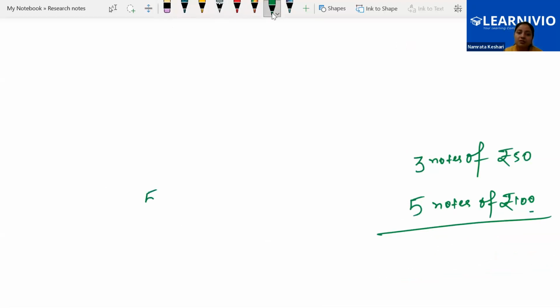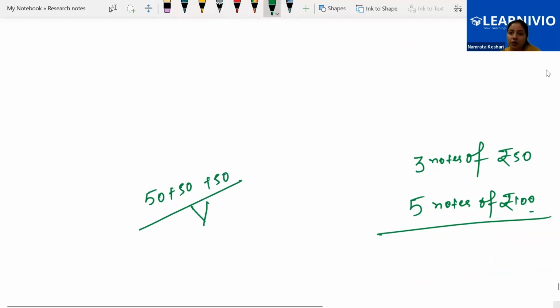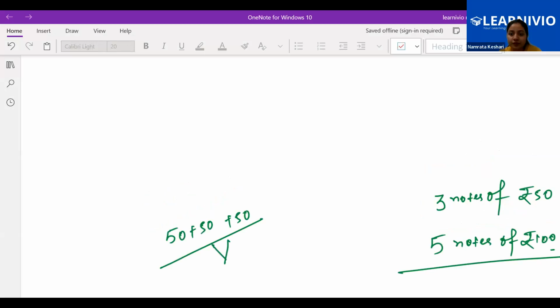Like 50 rupees plus 50 rupees plus 50 rupees, total 3 notes are there. Ziana, you are saying something, please tell me.